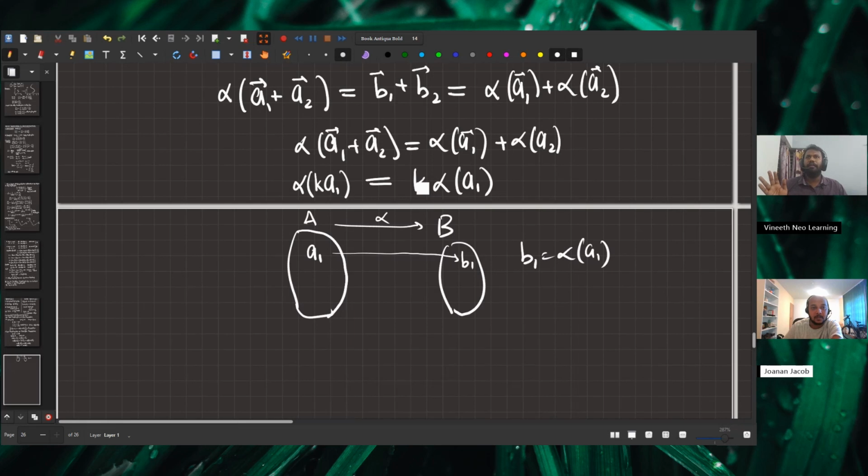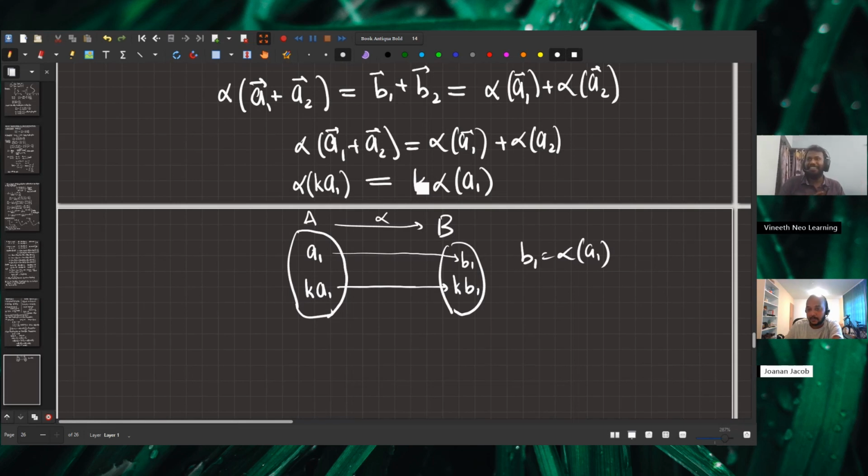If you multiply A1 with a scalar, we get KA1, which is also an element of A, by the definition of a vector space. Then alpha should map KA1 to K times B1. A linear transformation should also preserve that property.